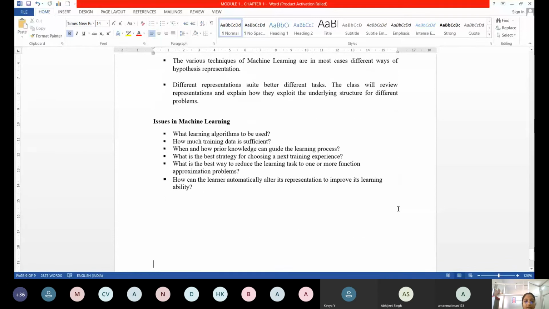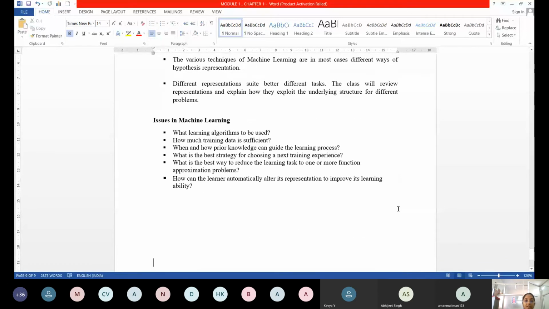So the main issue in machine learning is what learning algorithm we can use, whether we go with supervised learning or unsupervised or semi-supervised or reinforcement. For my problem, unless I'm very clear with the data, or how I'm going to take my problem to get the solution, I am not familiar about which learning algorithm I have to use. So that is the issue here.